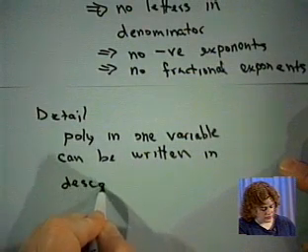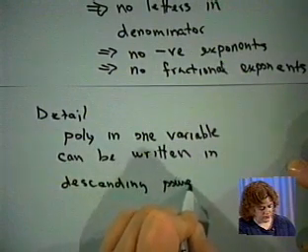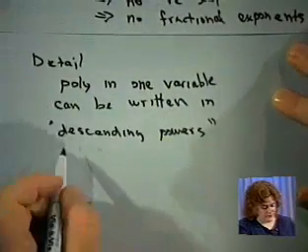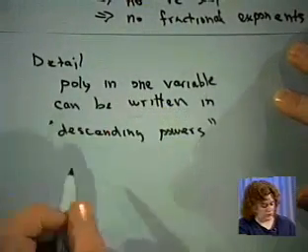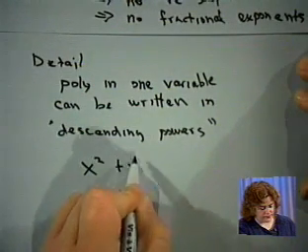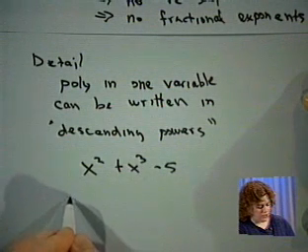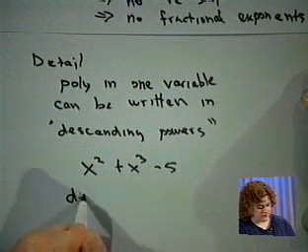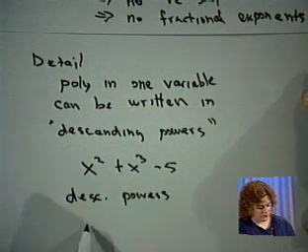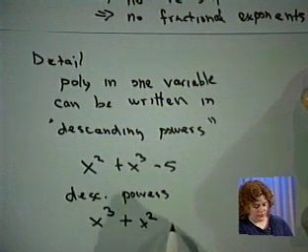The words themselves give you a guide for what you're supposed to do. Descending, going down. An example would be of a polynomial in one variable, only one letter showing up. Suppose you have x squared plus x cubed minus 5. If we want to write that in descending powers, we're just going to go from highest to lowest. So we would write it x cubed plus x squared minus 5.